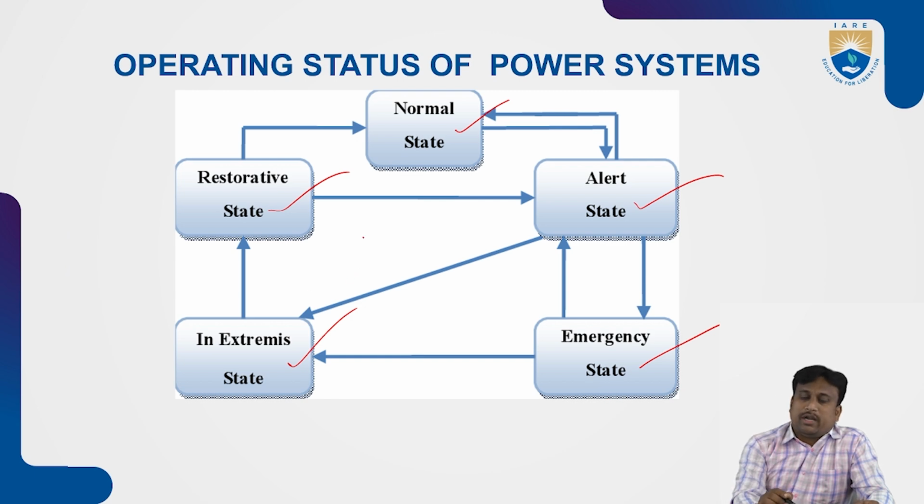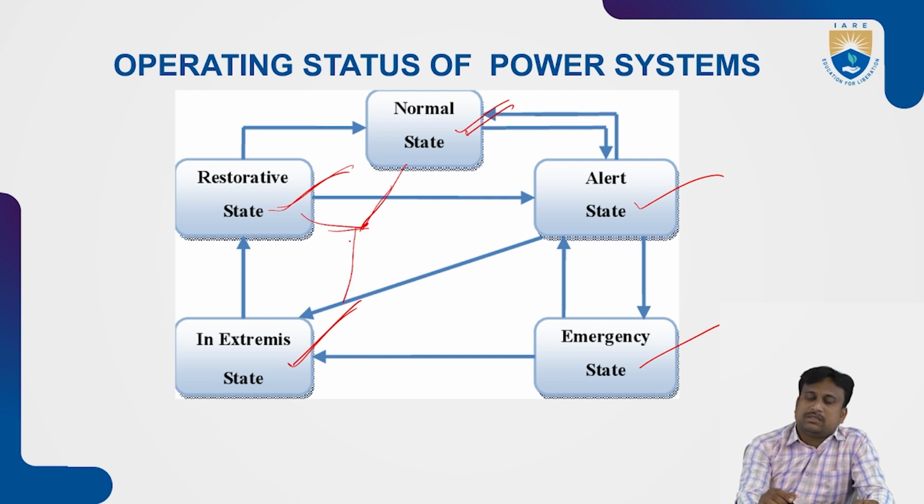So what it means is, for a given power system network considered in a simple state, that is the normal state, it goes to the restorative state and then to the extreme state. When there is any problem in these three states, the information is passed to the alert state.